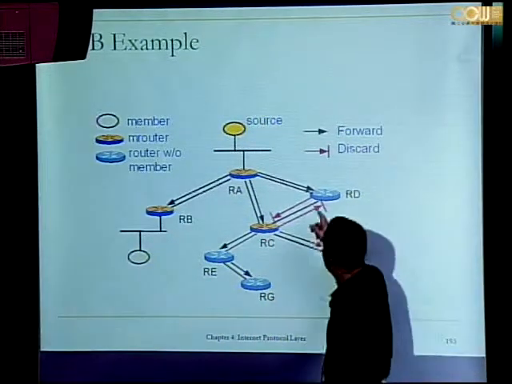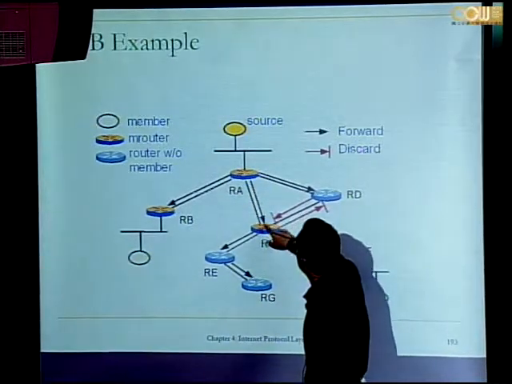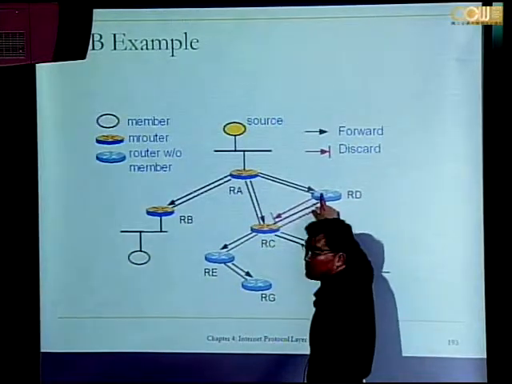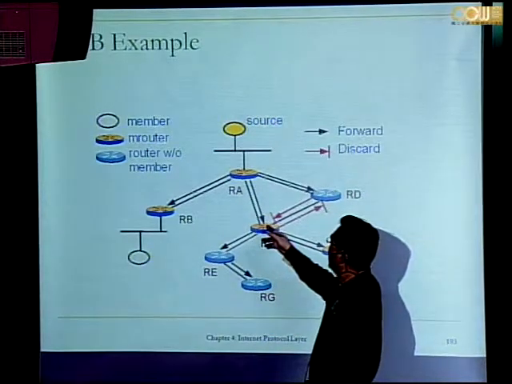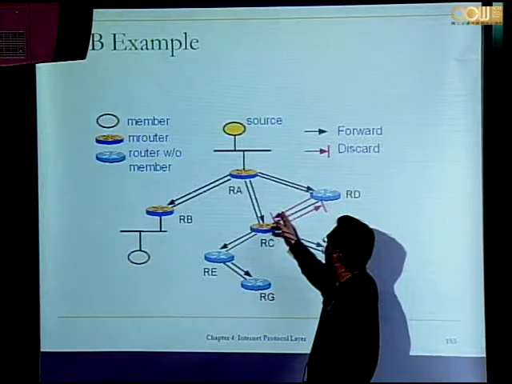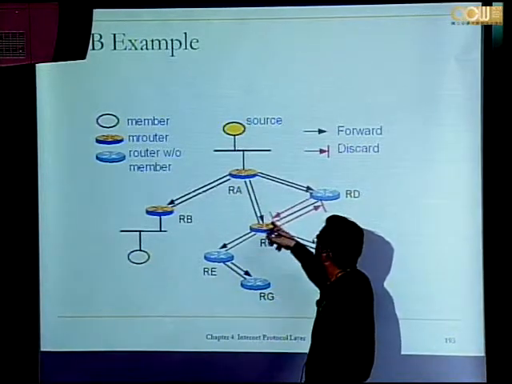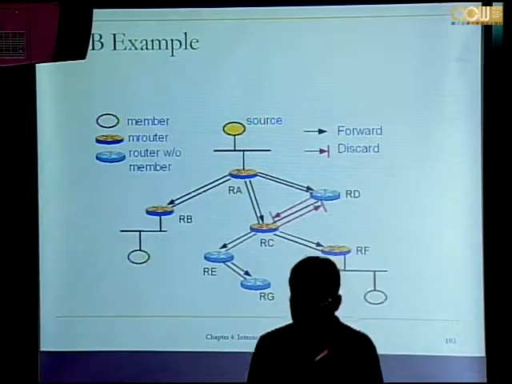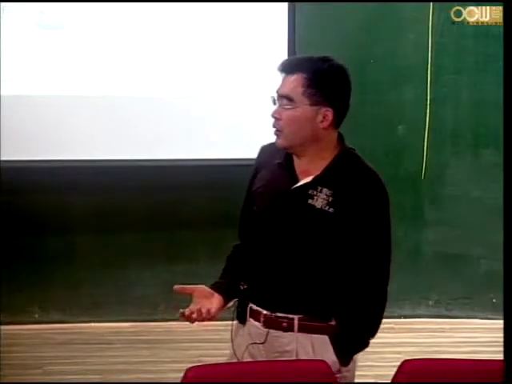And worse, this router receives a copy from this neighbor, and also a duplicate copy from this router. And then it needs to know that it needs to drop this packet, but forward that packet. But how does it know it needs to drop this packet? You don't want the router to keep track of the identifier information of the IP packet in order to drop it. No, you don't want to do that.